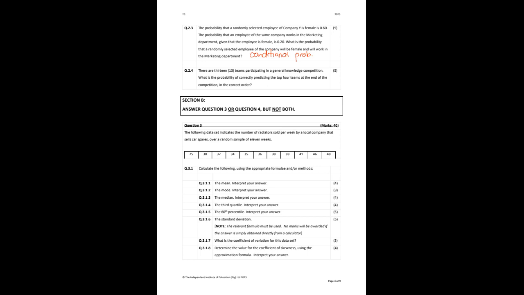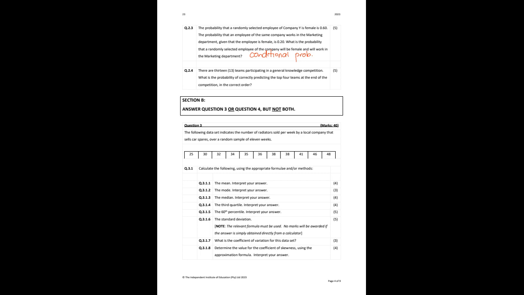The probability that an employee of the same company works in the marketing department, given that the employee is female, is 0.2. What is the probability that a randomly selected employee of the company will be female and will work in the marketing department?